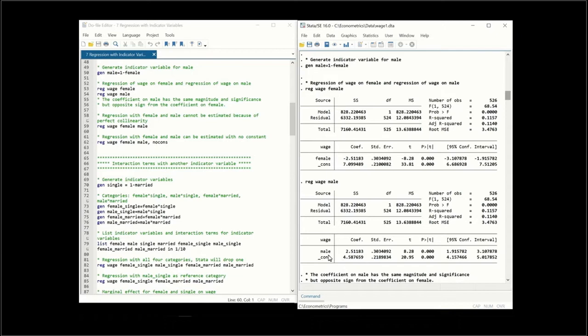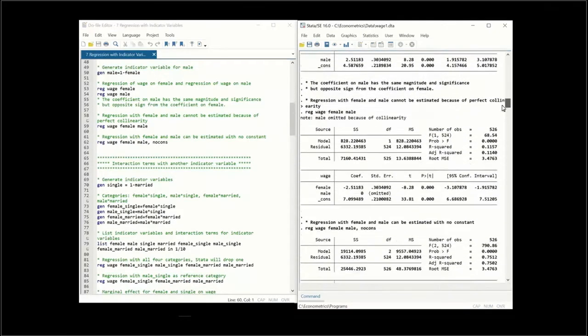If you want to find the intercept for males, you have to sum up this coefficient plus this coefficient, which will result exactly in that value, 7.10, as the intercept for males. So you can obtain these things, one regression from the other, and it's a preference which one you would like to estimate.